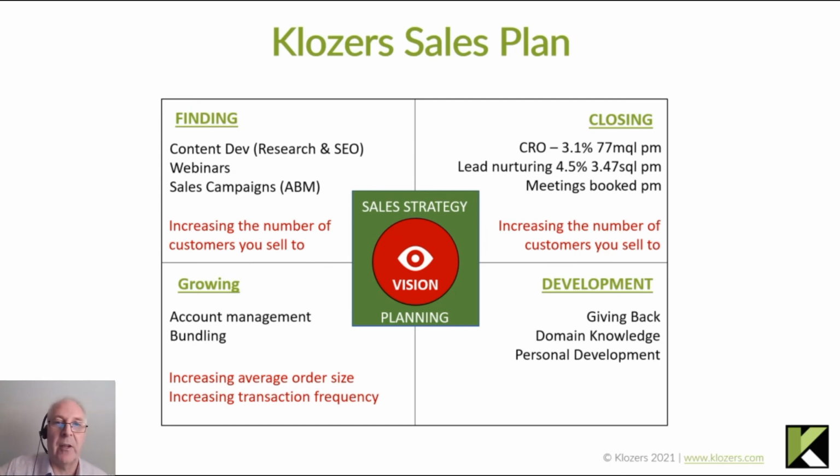CRO there, that's the conversion rate optimization. 77 marketing qualified leads, and that was for the month of, I think that was October. We've not run the November figures yet. That was 3.1%. 77 out of all the traffic is the conversion ratio at 3.1.